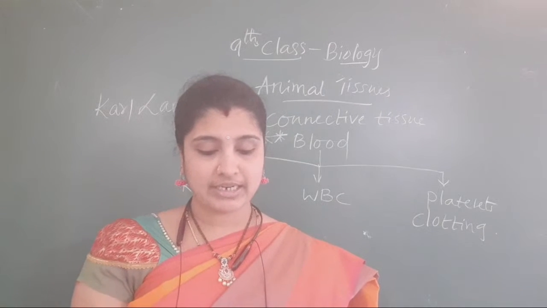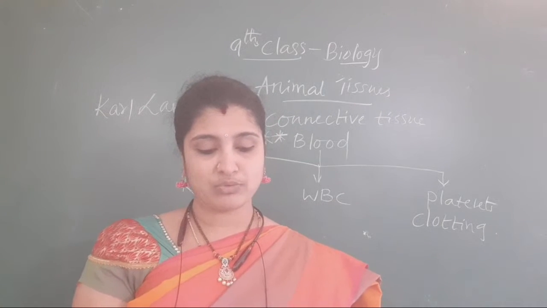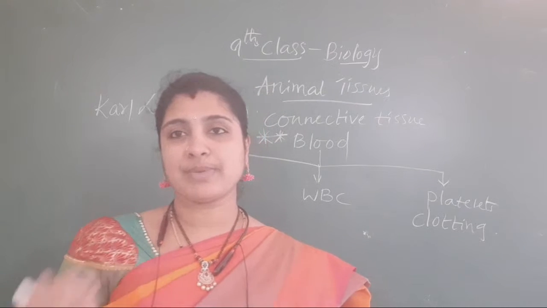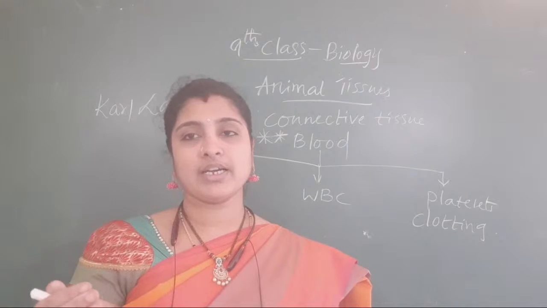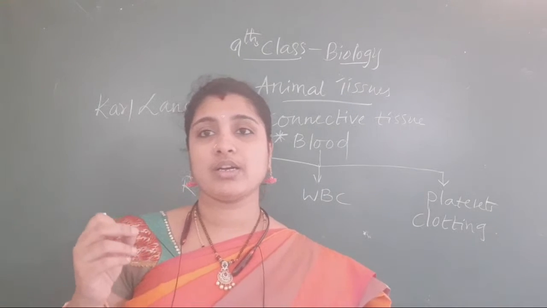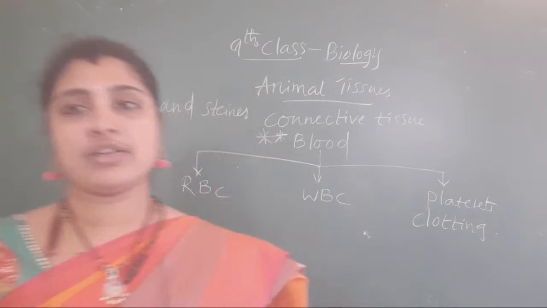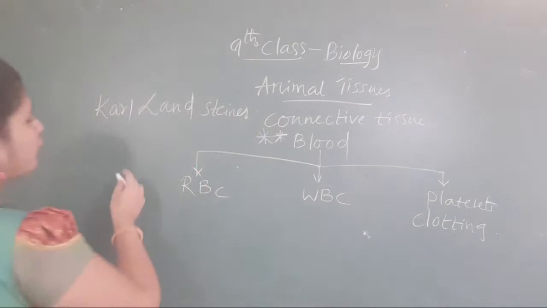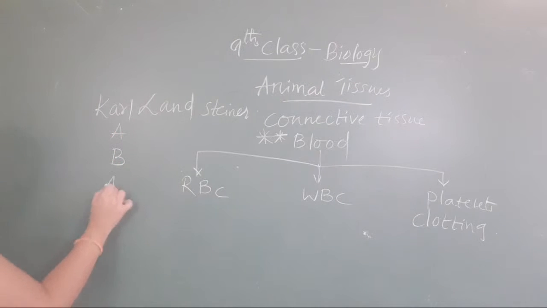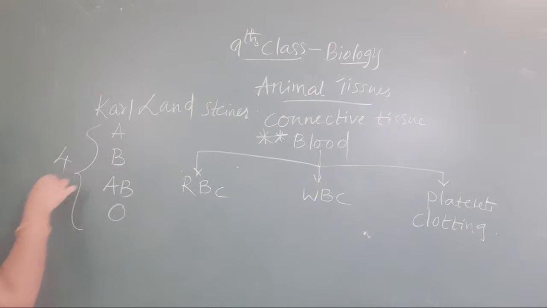For this we need a kit that is available in your school lab to find out your blood group. At home you are living with your father, mother, sister or brother or with grandparents, so you can check whether your blood group and your blood relatives' blood groups are the same. A, B, AB, O: 4 blood groups.